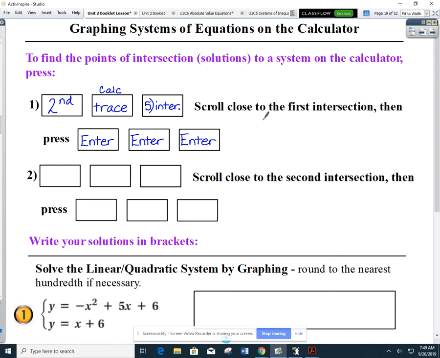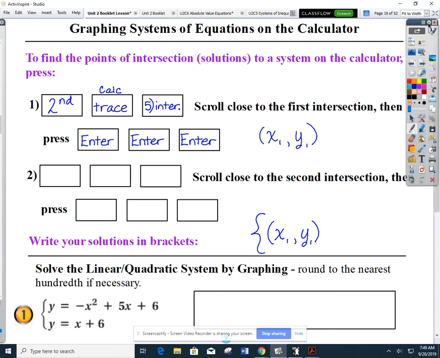The coordinates are going to be written inside of brackets. So once we get that first coordinate, I'm just going to use the 1 to tell us that's the x and y from the first point. That's going to be in our solution set.